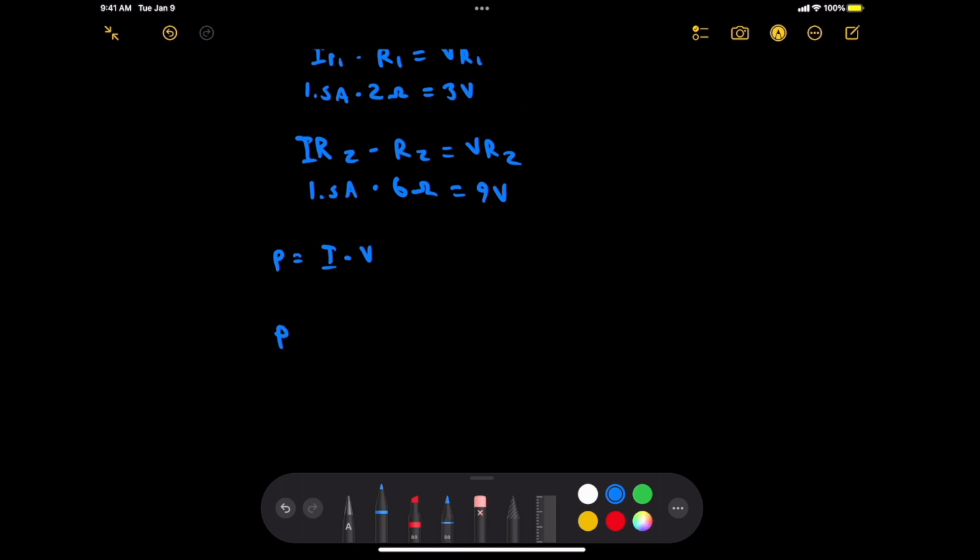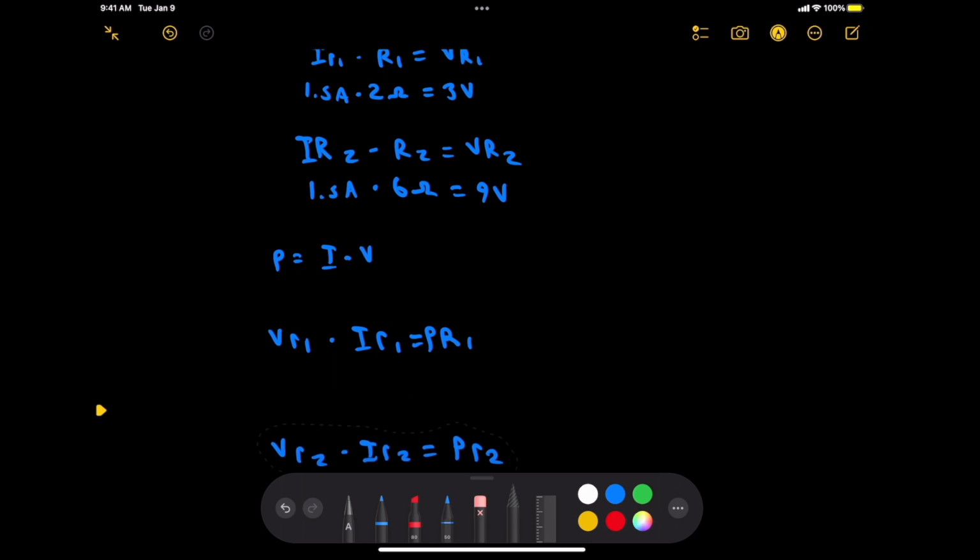So VR1 times IR1 is equal to PR1. And VR2 times IR2 is equal to PR2.